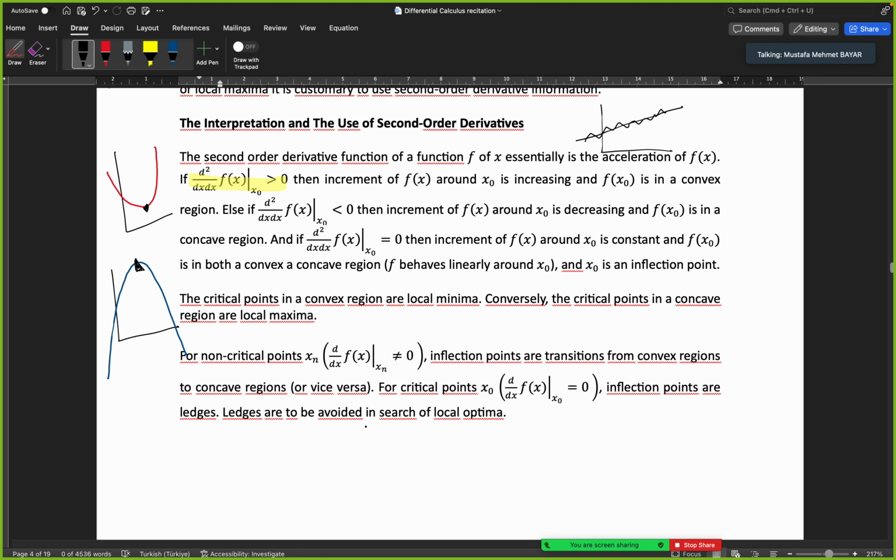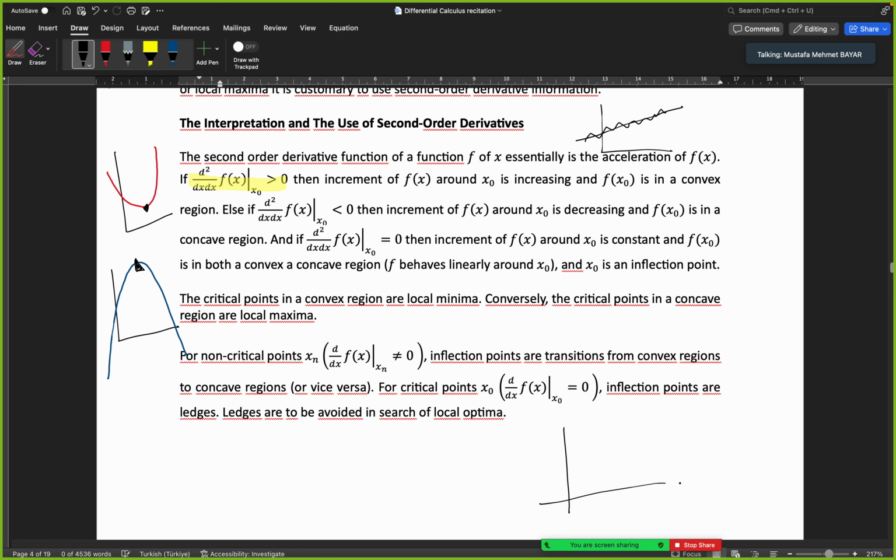This is how you classify your critical points, if you have one, into the classes local minima or local maxima. And then we may also have non-critical points. For non-critical points, inflection points are transitions from convex regions to concave regions or vice versa, like this one.